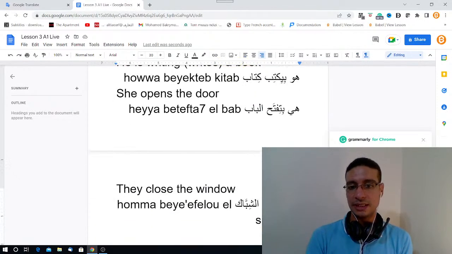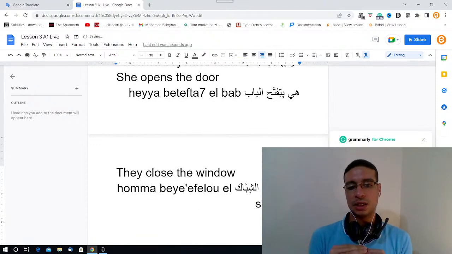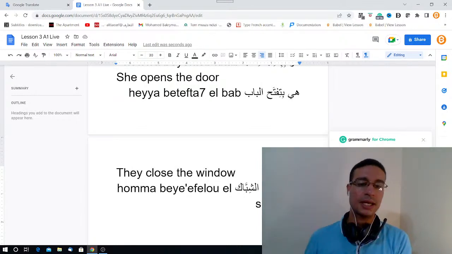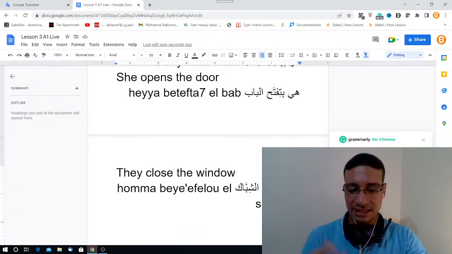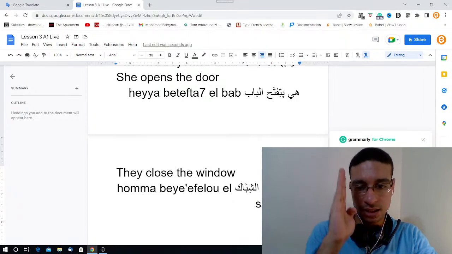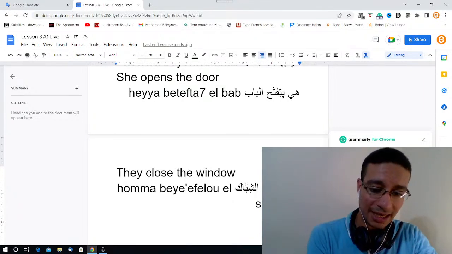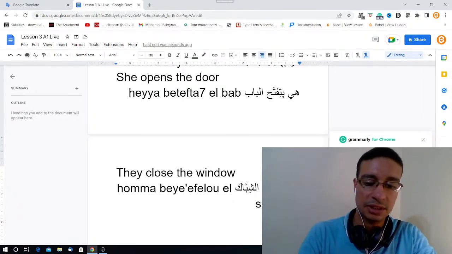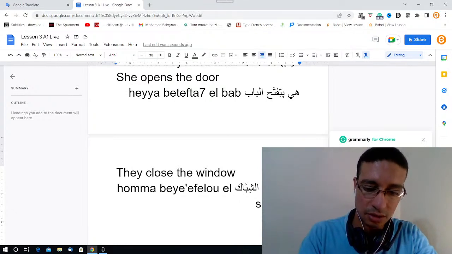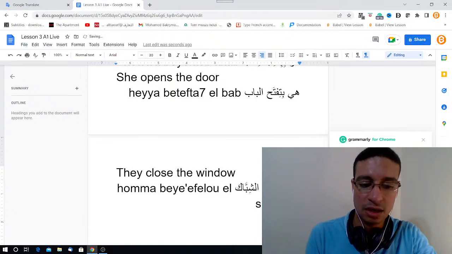Now we will see some very important verbs, but at the same time irregular. But what can make a verb irregular? For a three-letter verb, it can be irregular if it has a vowel in the middle or at the end. So for example, a verb like راح, this is the verb to go.